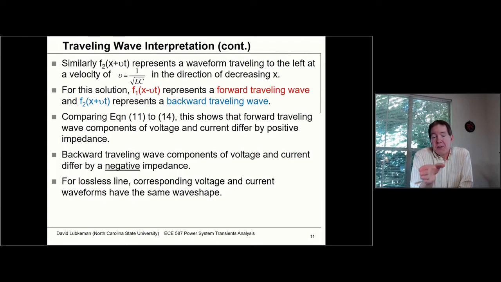And again, what's interesting about this is that for the forward traveling wave, the voltage and current are related by a positive characteristic impedance, and for the backward traveling wave, it's related by a negative characteristic impedance or surge impedance. And if we have a lossless line, the shape of this waveform is not going to be impacted.